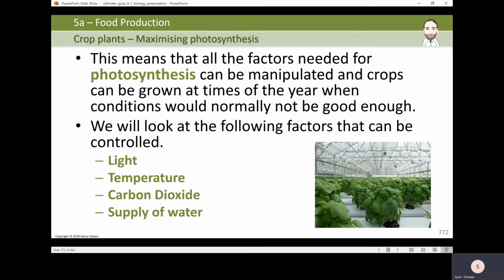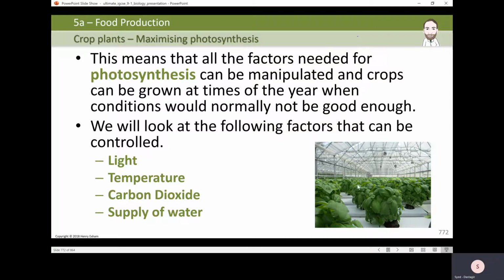So all the factors for photosynthesis that we already know can be manipulated and controlled. We're going to look at the following factors that we should know from before: light, temperature, carbon dioxide, and the supply of water. And if you know the equation for photosynthesis, you'll know how these factors can affect photosynthesis.